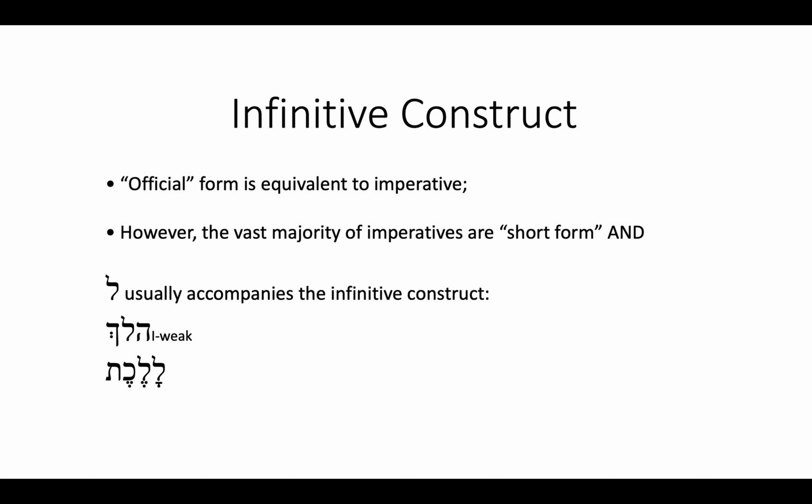So halak, also first weak, becomes la lechet. And yada becomes lada'at. Again, the yod drops out, the hey drops out, so those first weak letters are gone, and we get this tav at the end. And probably most annoyingly, but also very common, natan, nun, tav, nun, becomes latet.